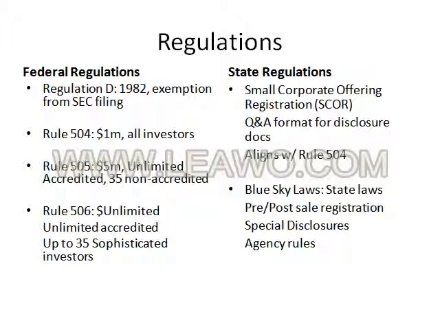Blue sky laws, or state laws, also apply. It just depends on the state that the offering is occurring in. There may be pre or post sale registration or notices that need to be complied with, special disclosures, and agency rules which state who can act on behalf of the issuing company.